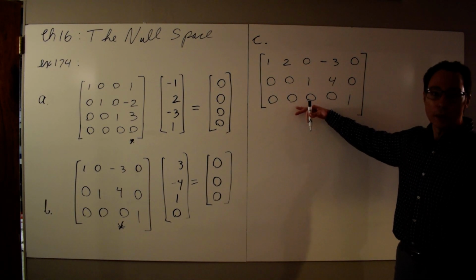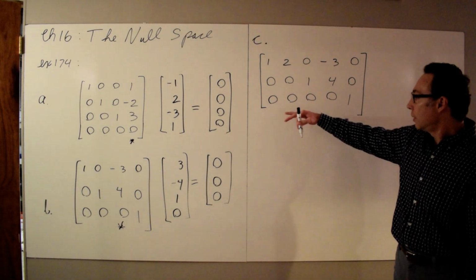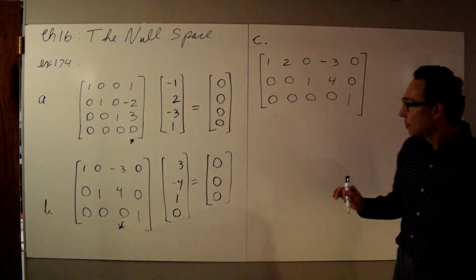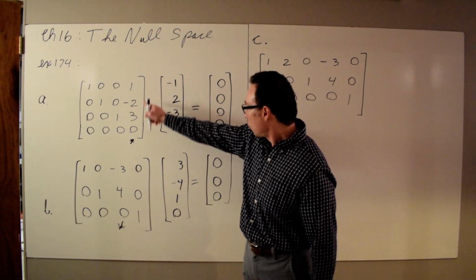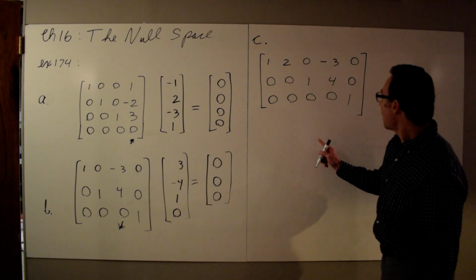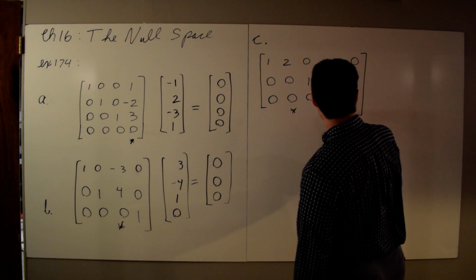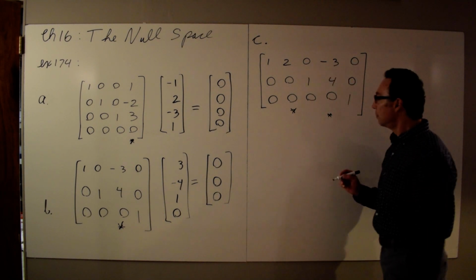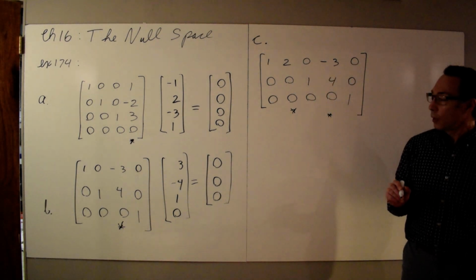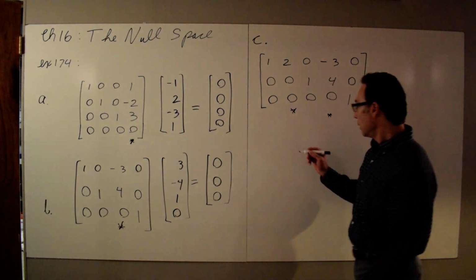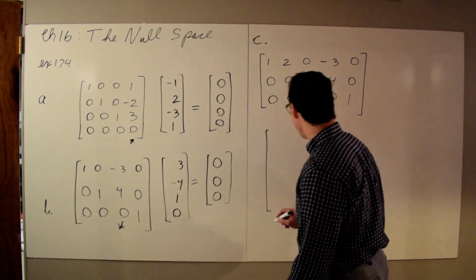This matrix here is a little bit different than the previous 2 examples. We only had 1 free column before. Here we have 2 free columns. We have the second one, and then we have the fourth one. The proof of theorem 173 is based on the first free column.